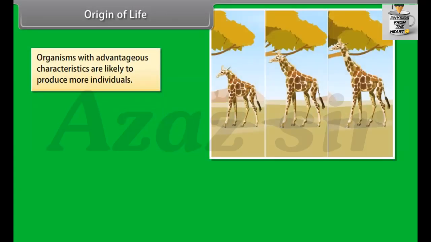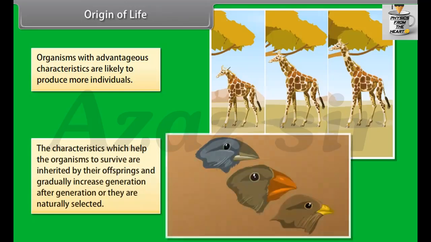Organisms with advantageous characteristics are likely to produce more individuals. The characteristics which help the organisms to survive are inherited by their offsprings and gradually increase generation after generation, or they are naturally selected.